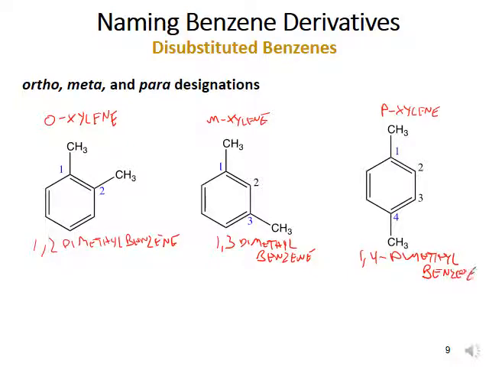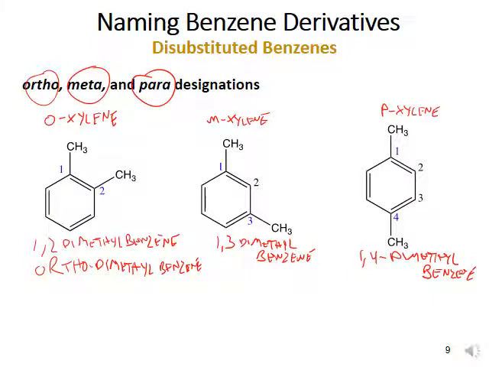If you wanted to do numbers, and if you wanted to use ortho, meta, and para, an equivalent name is ortho-dimethylbenzene.